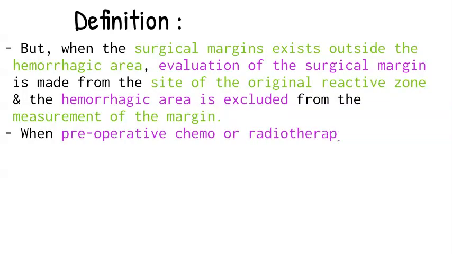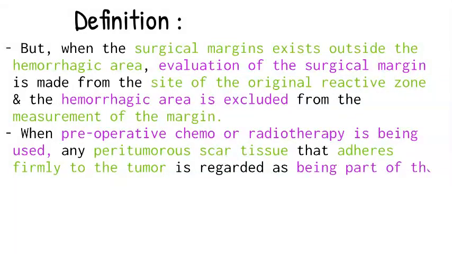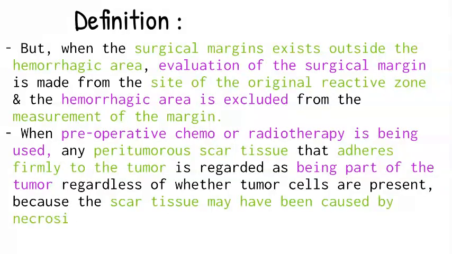When preoperative chemo or radiotherapy is being used, any peritumoral scar tissue that adheres firmly to the tumor is regarded as being part of the tumor, regardless of whether tumor cells are present, because the scar tissue may have been caused by necrosis of the tumor tissue.